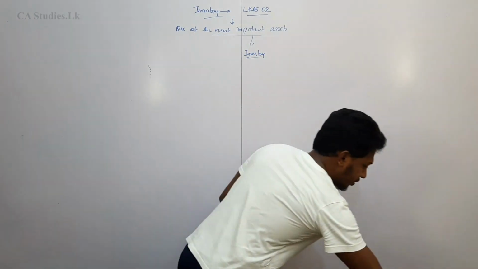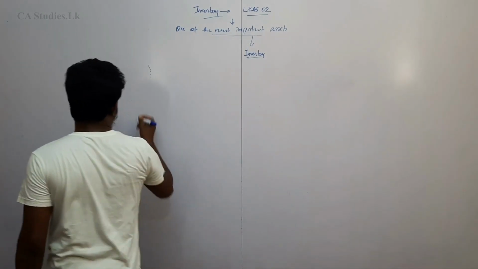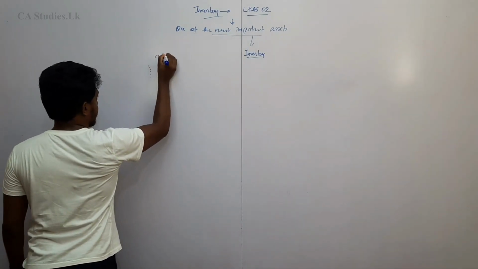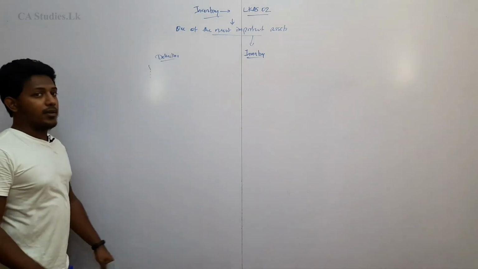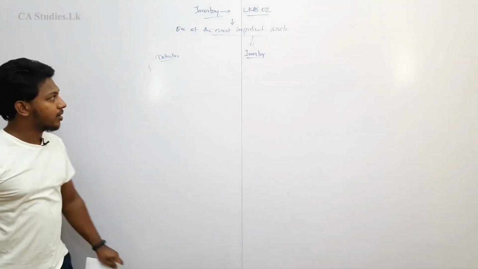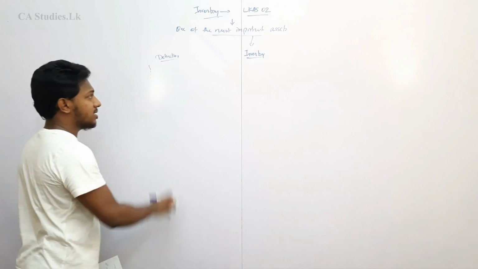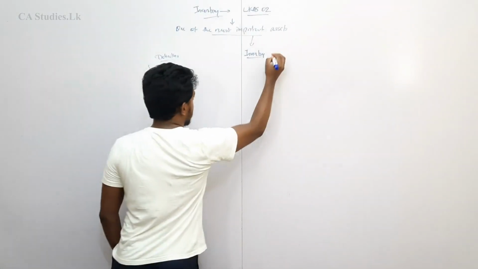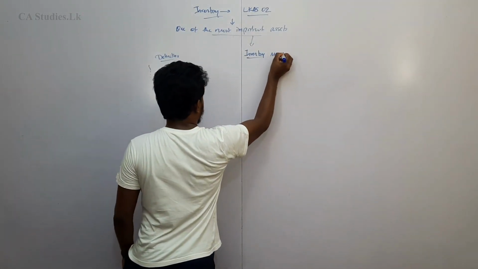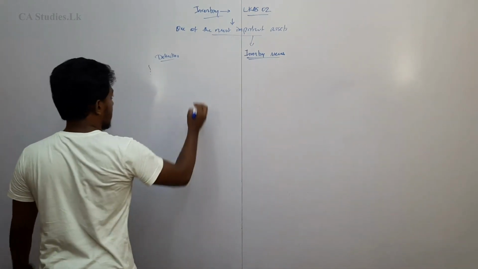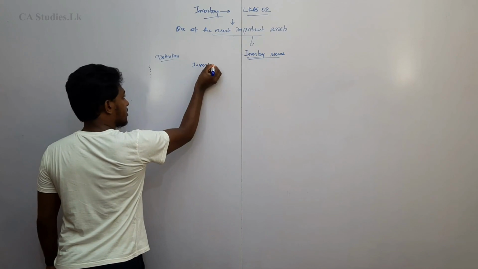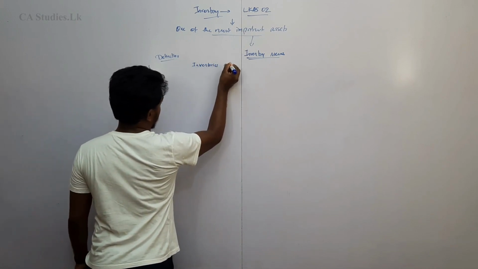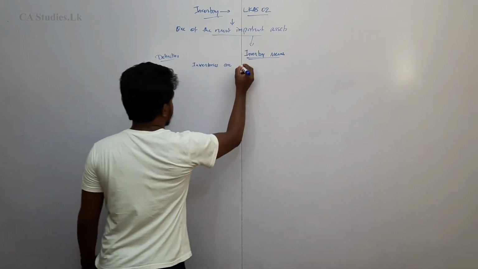Now I am going to explain, touching our conceptual framework. Each and every standard will go through the conceptual framework. So the definition for inventory: inventories are assets.